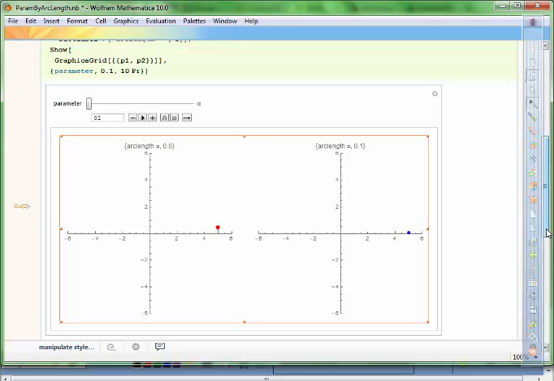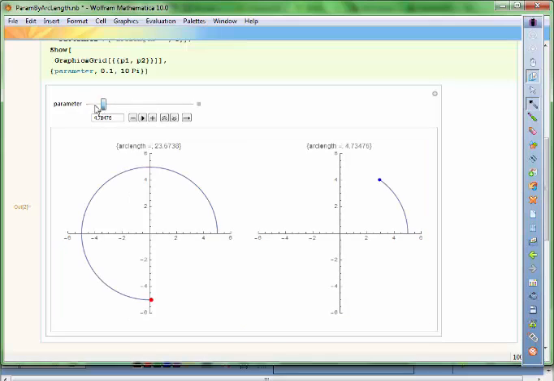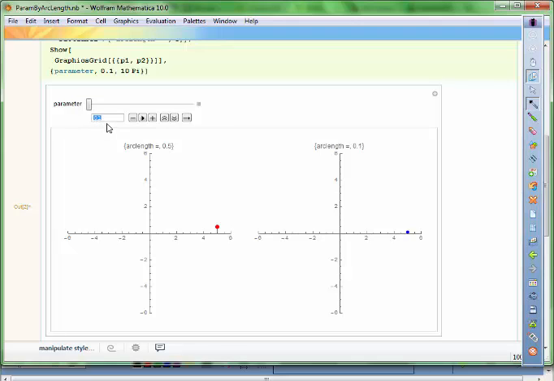What I want you to do is focus on this value over here. That's your t value. We'll call it a parameter value. And as I'm drawing this out, I'm measuring the arc length from the beginning, and that beginning is when t is equal to 0.